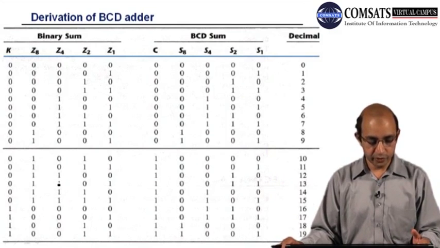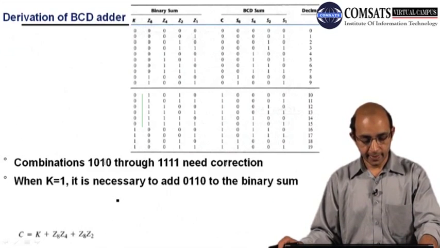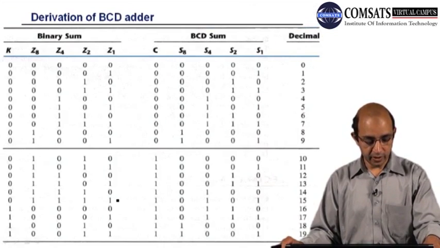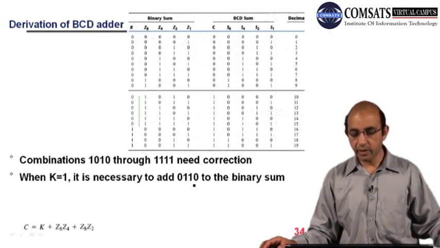But what about those 6 positions, 1 0 1 0 till 1 1 1 1? So what we need to do? Whenever we have K is equal to 1, we know that we have to take some correction steps. So for this, let's have the derivation.